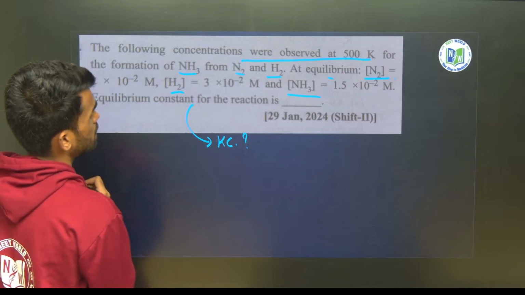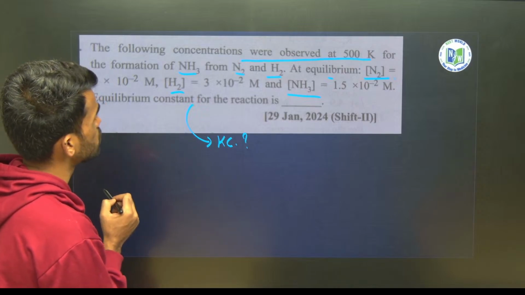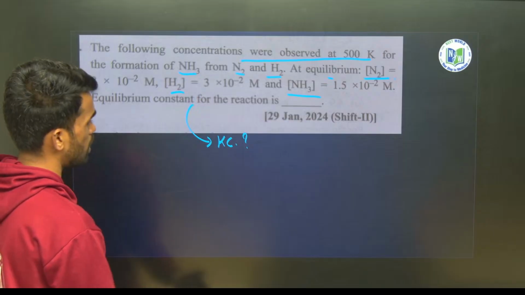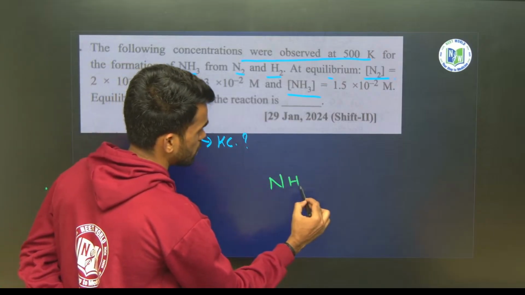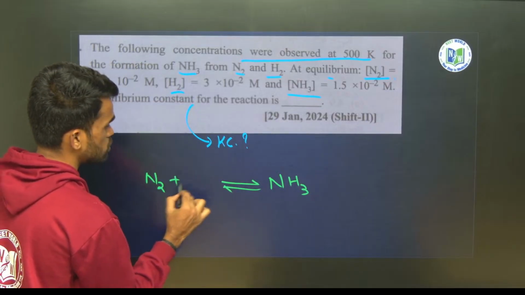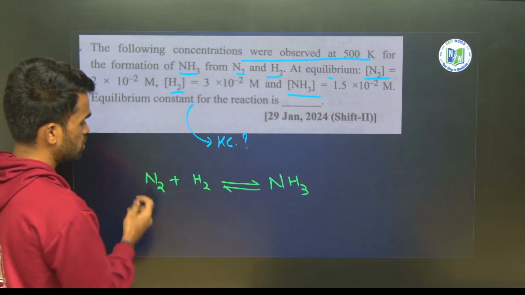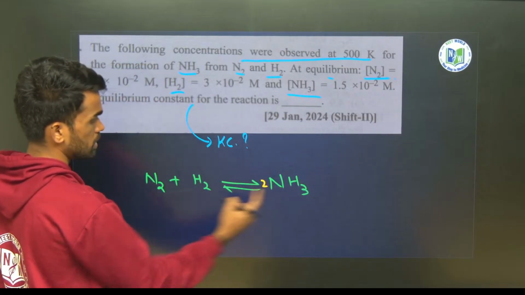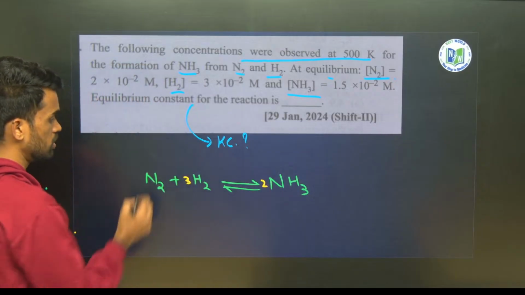First of all, write the reaction. The formation of ammonia takes place from N2 plus H2. First balance the reaction. 2 nitrogens, so 2 ammonias here. 6 hydrogens means 3 H2 here, and 1 N2.